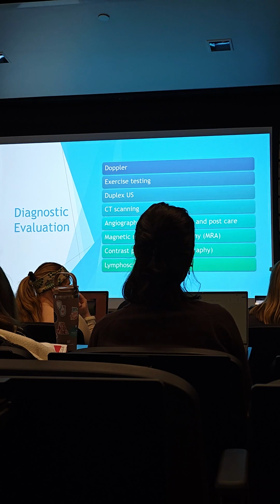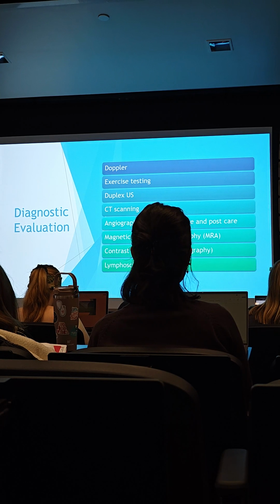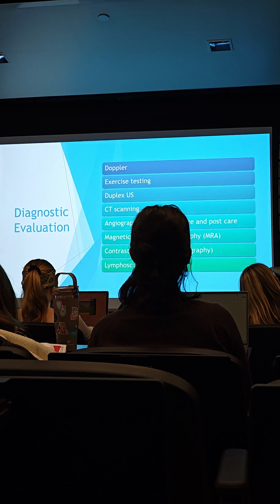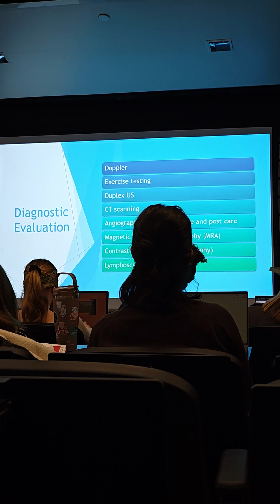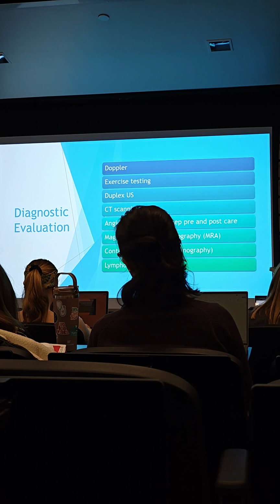They use angioplasty just like they do with the heart, they use stents just like they do with the heart, and then of course, so important, anticoagulation afterwards. We'll talk more about that. MRIs are commonly done, venography, and lymphoscintigraphy. Those are all potential diagnostic tests that can be done.